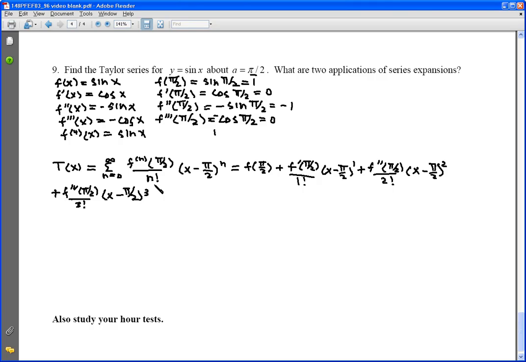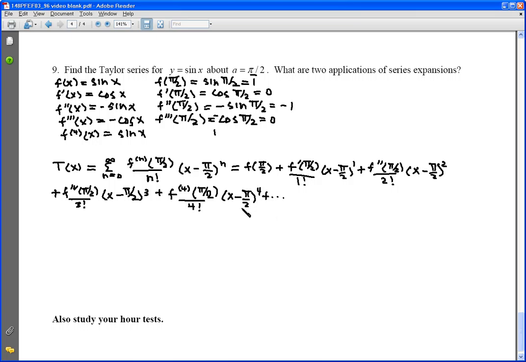And let's do one more, because then the repeating pattern starts. f upper 4 at pi over 2, and this is over 4 factorial. So I'm putting a 4 in here, and here, and here. So (x minus pi over 2) to the 4th, plus dot dot dot.